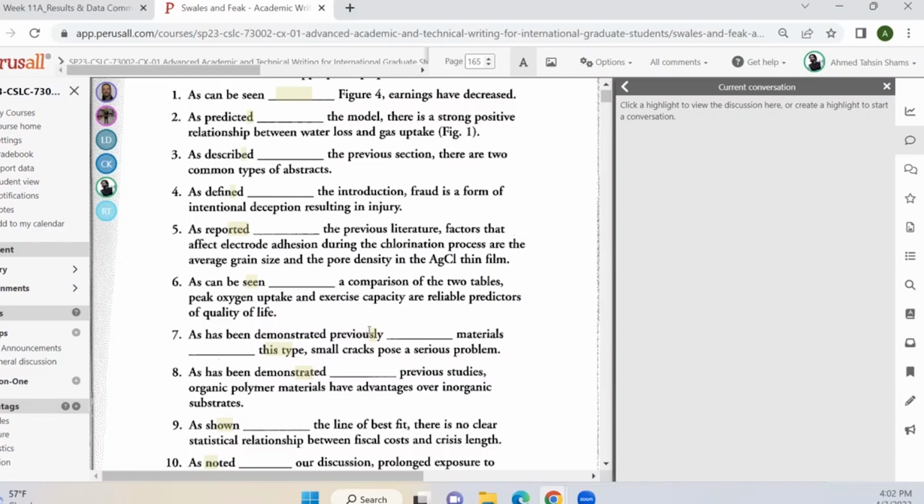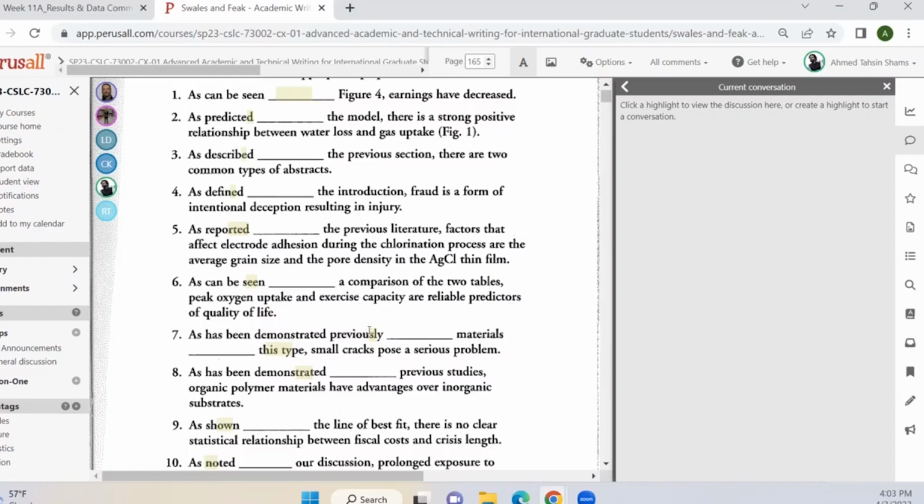Do you have multiple opinions? Group 1, group 2, what's your observation? Yes, correct: as can be seen in figure 4.